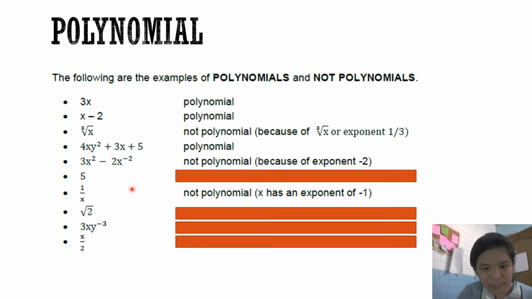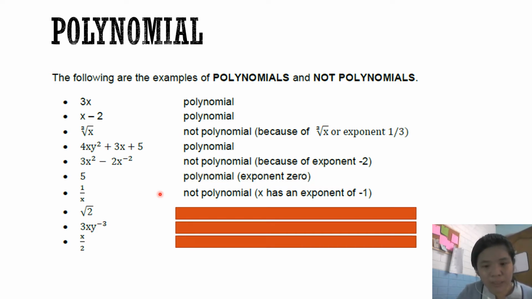So, skip muna natin. 1 over x, it's not a polynomial because x has an exponent of negative 1 kapag sinimplify. And variable should not be in the denominator. Nasa denominator yung variable natin, which is x. 5 is a polynomial kasi, sabi nga natin kanina, polynomial can be a constant.